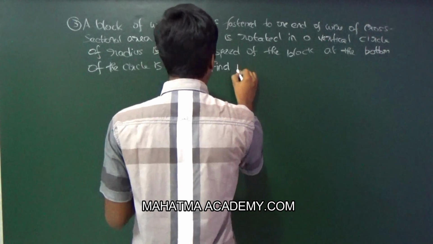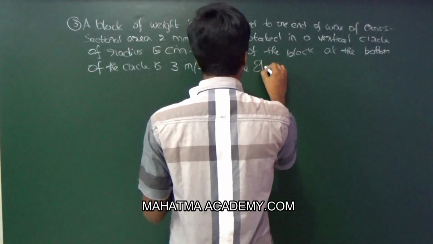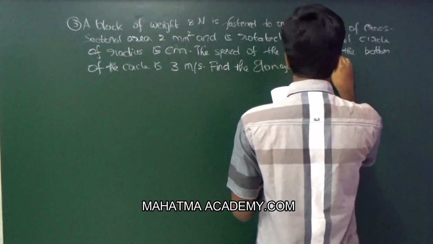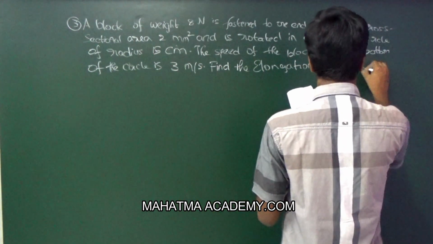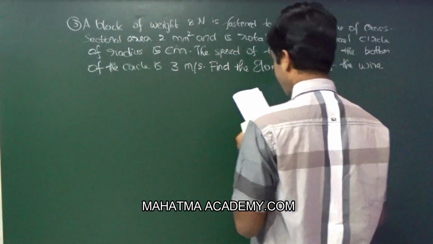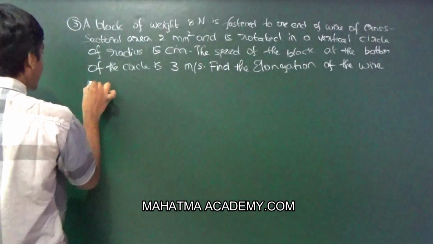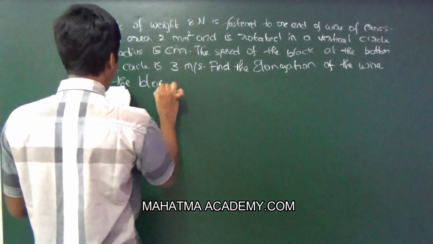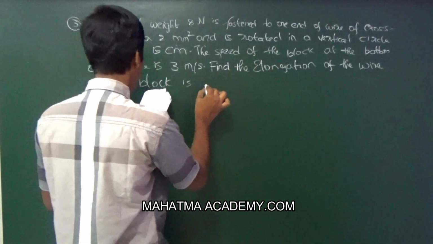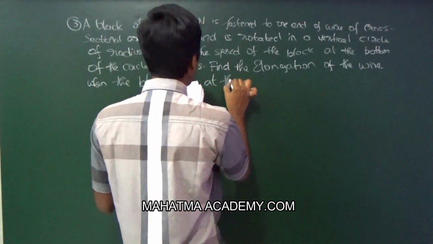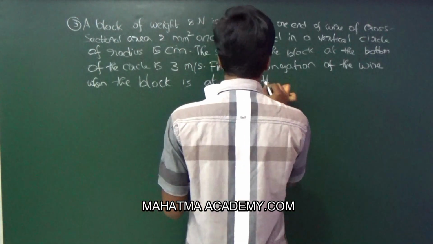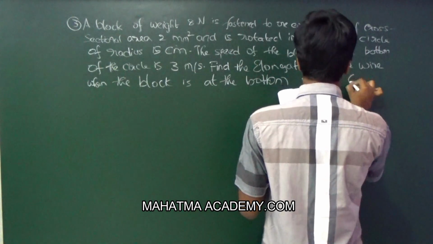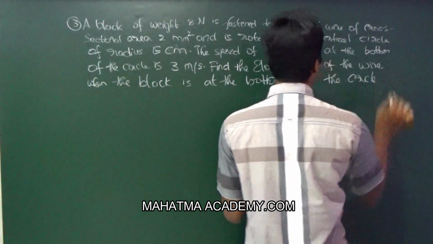Find the elongation of the wire when the block is at the bottom of the circle.